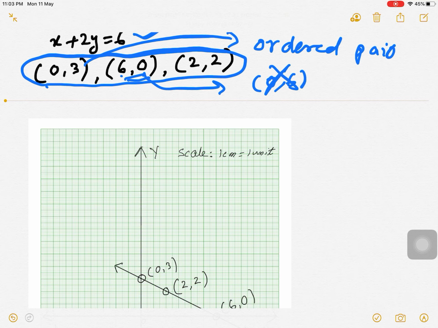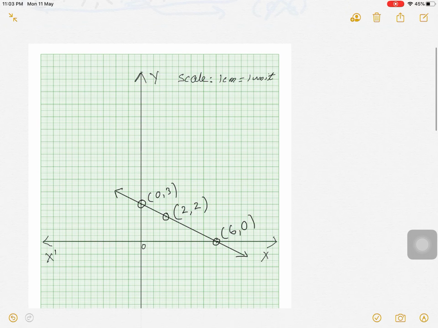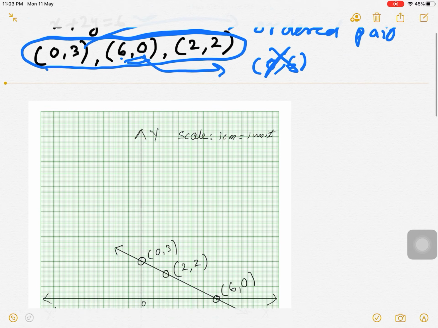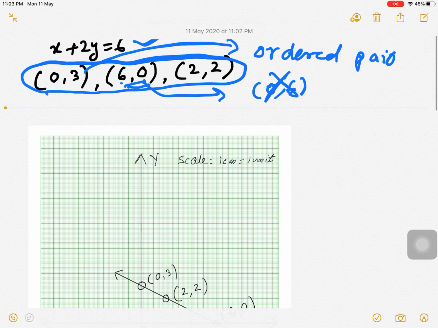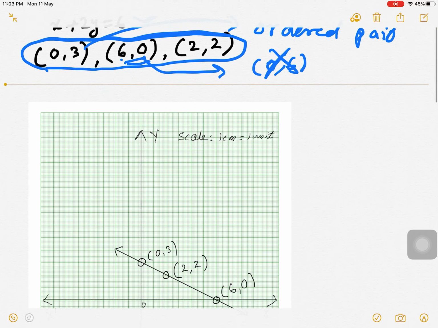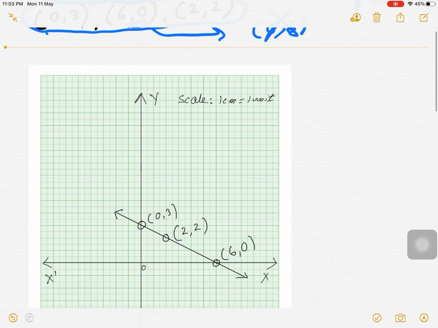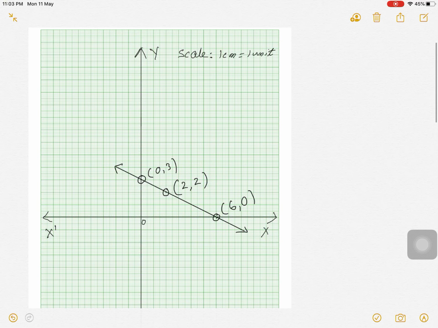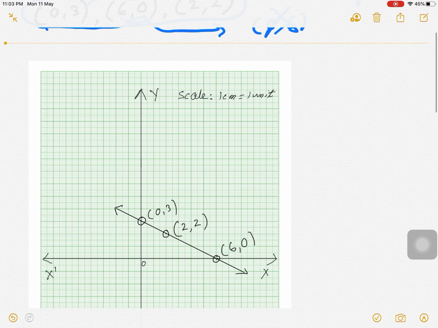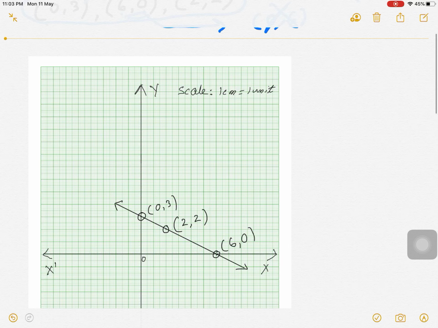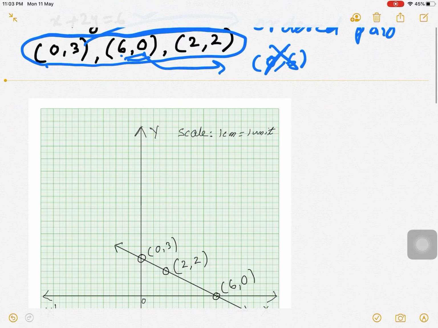Now if I go for plotting the graph of this equation, I have 3 points which represent the solution. So (0, 3), and also I have (6, 0). Okay. So I have taken the values (6, 0) and (2, 2).